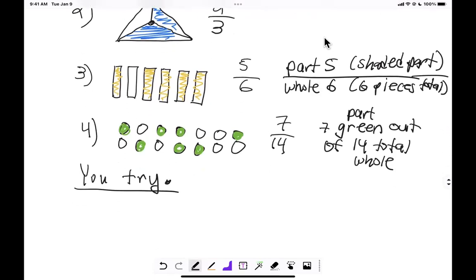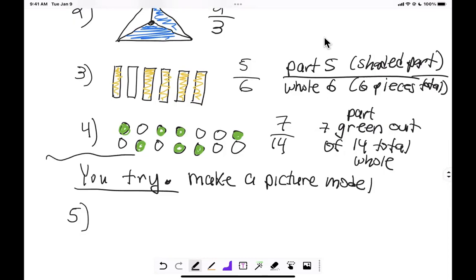So I have two of them for you to try. I want you to make a picture model of each fraction that I'm going to write down. I'm going to do two of them. So I want you to try 3/5, and I want you to try 4/9.